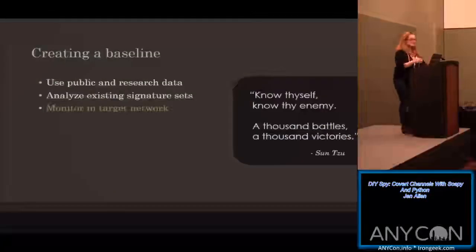We can do this in a couple ways. So you can say, okay, well, I'm on an IP network. I can use public and research data, right? You can go out there and find a lot of information about statistics on an average IP network or any other public protocol that you land in. You can also analyze existing signature sets. So this is a great way of hitting the masses. If you want to go into a network and get 9 out of 10, go and look at the signature sets for products that are designed to catch bad activity, right?